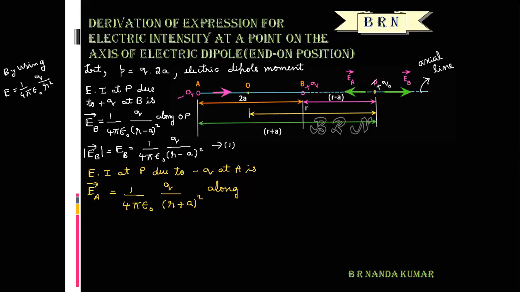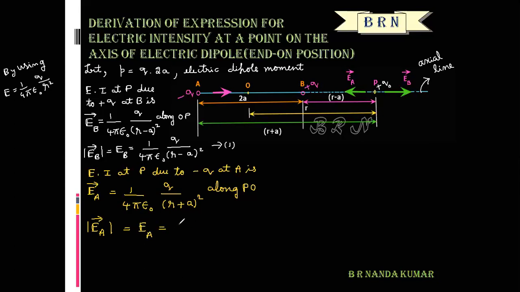Plus Q naught is placed at the observation point P. Due to minus Q, what happens? Plus Q naught will experience an attractive force. It is directed towards the center of the electric dipole. This is along PO direction. And the magnitude of EA vector is EA.